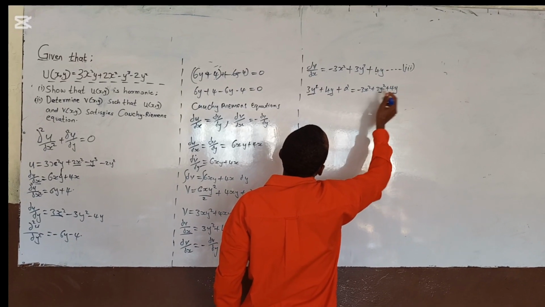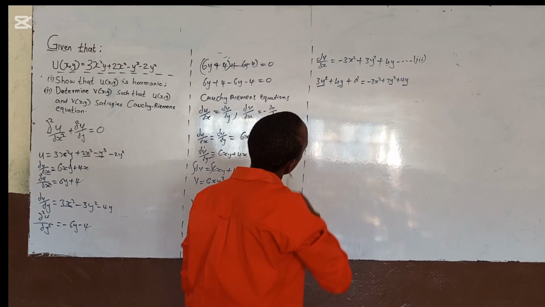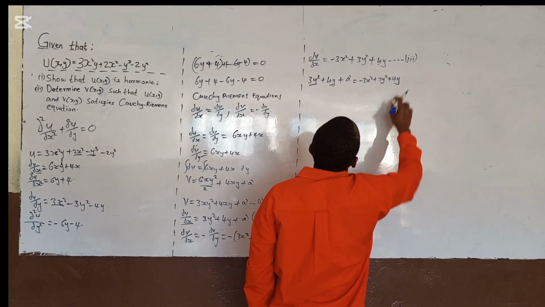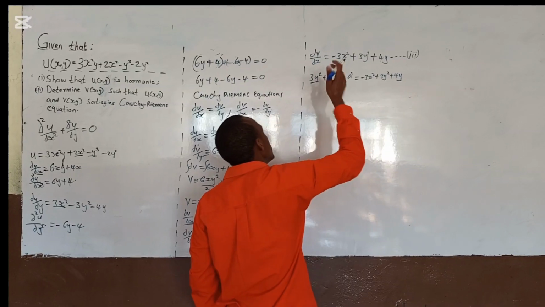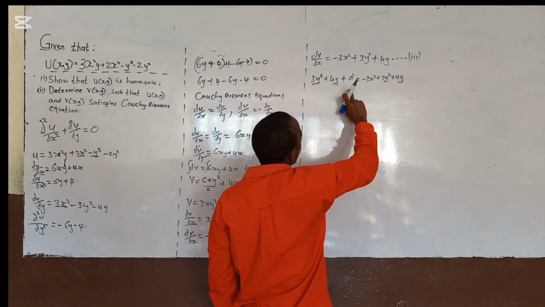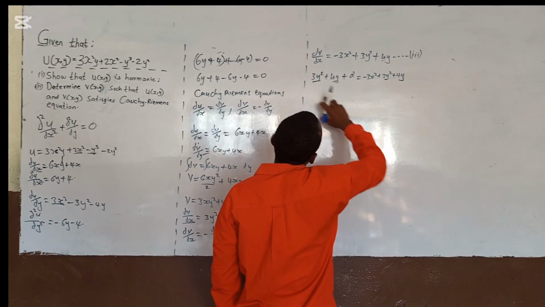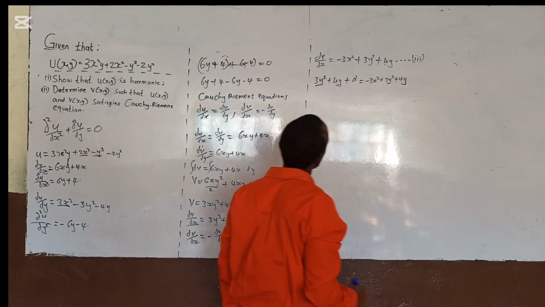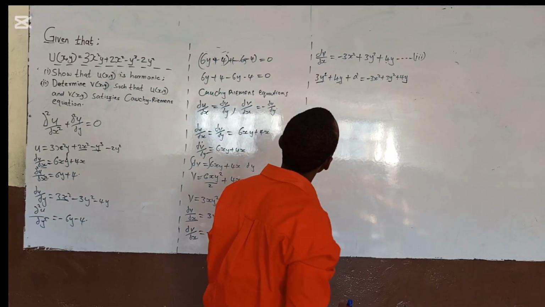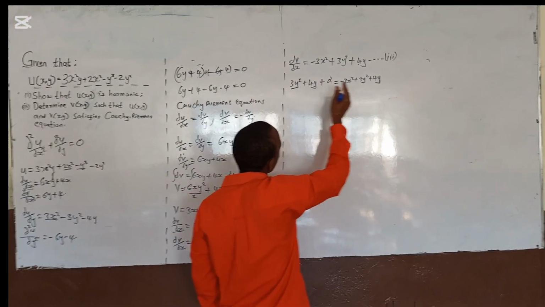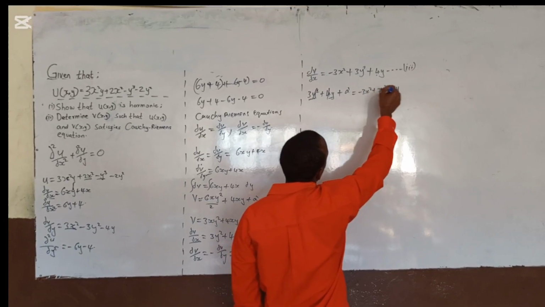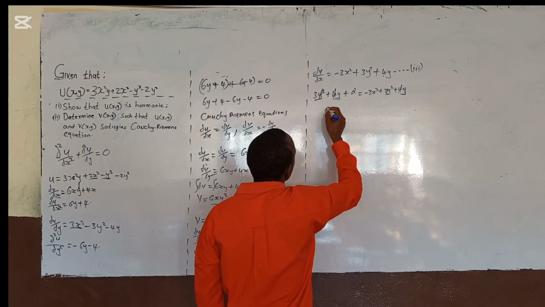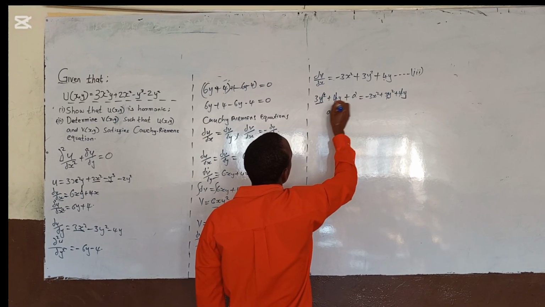If we take them to the other side, 3y squared minus 3y squared and 4y minus 4y become 0.